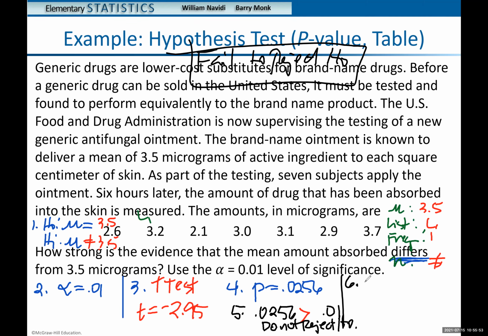And then the conclusion, if this is your decision, how do we start? There is not enough evidence to conclude that, what do you think?